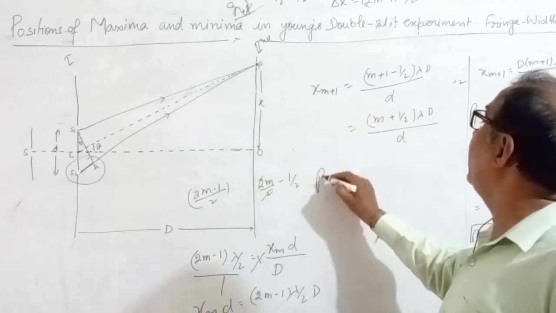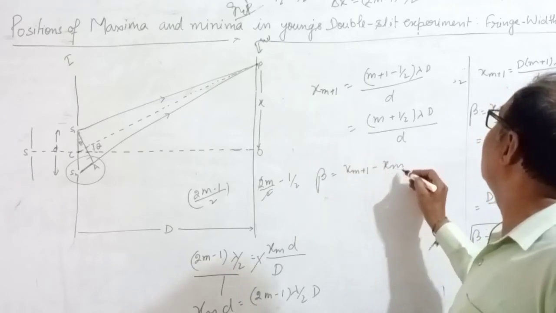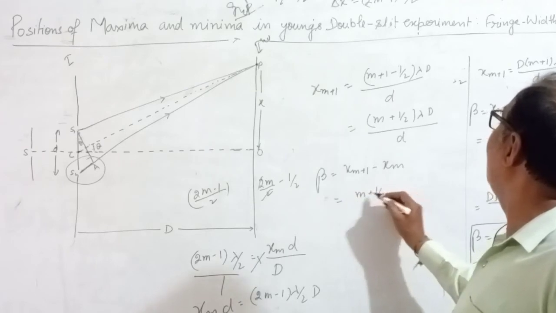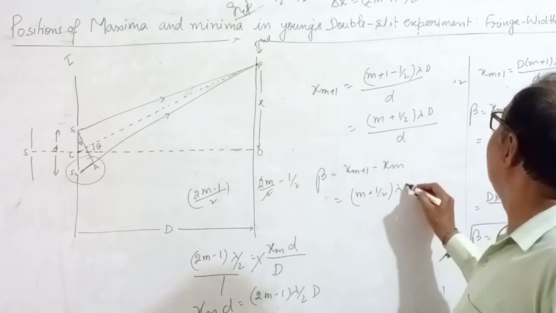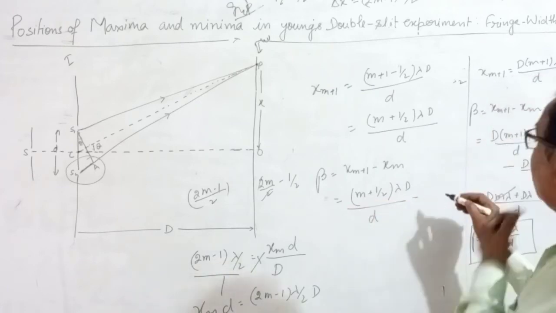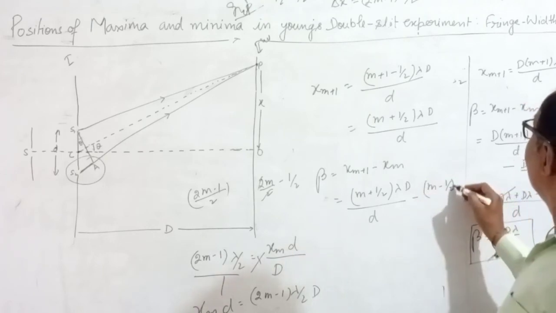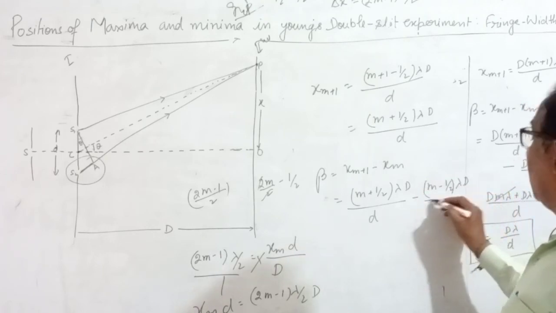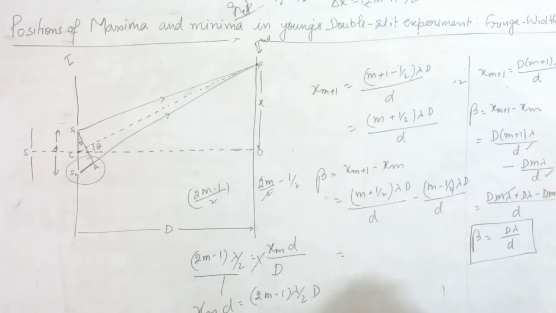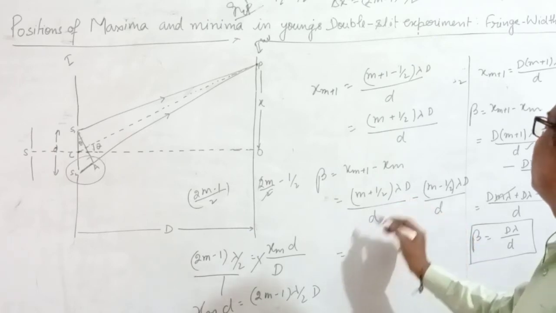Now what is beta equal to? x_(m+1) minus x_m. So (m + half) lambda D upon small d minus m lambda D upon small d. Subtract both of them. Again the denominator is the same.